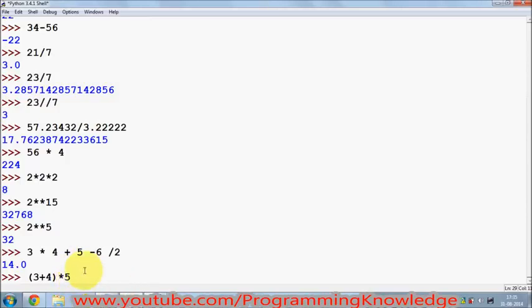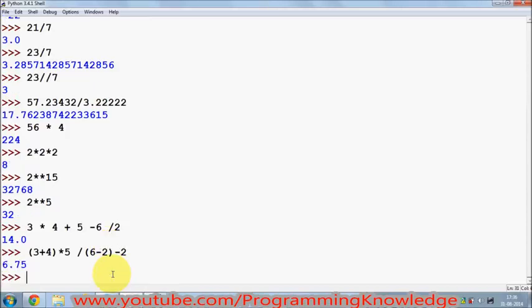And then the order will be like PEMDAS, if you can remember. So for example, I want to do something like this: divide by 6 minus 2, then the parenthesis priority will be first, and then the multiplication, and then the division, and if you have some subtraction, then this will happen last, okay.